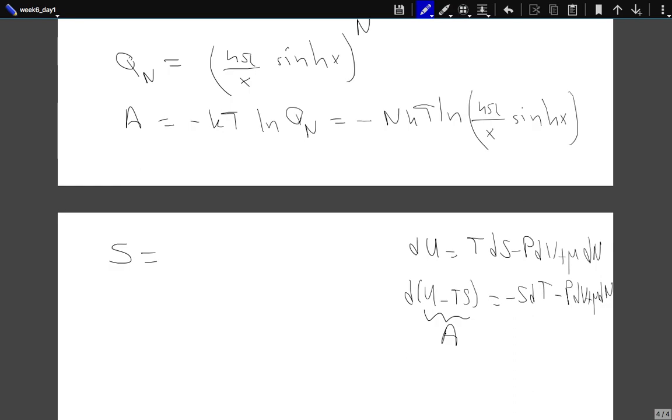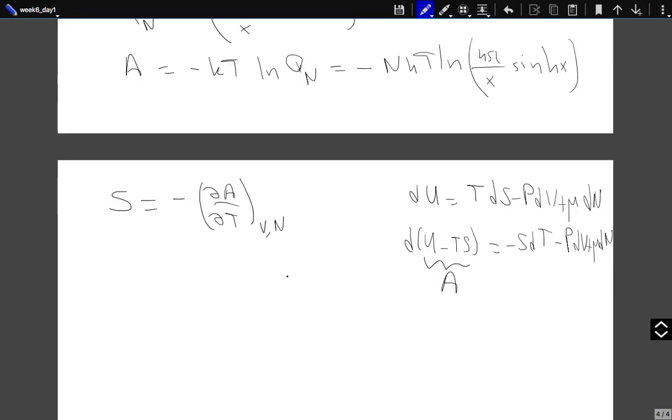So what is S in terms of the Helmholtz free energy? Yes, minus dA over dT, keeping dV equal to 0, V is constant, dN equal to 0, N is constant. Well, in this problem, V doesn't really play any role. We are only looking at the spin degrees of freedom. So in a sense, it's not actually moving, these spins.